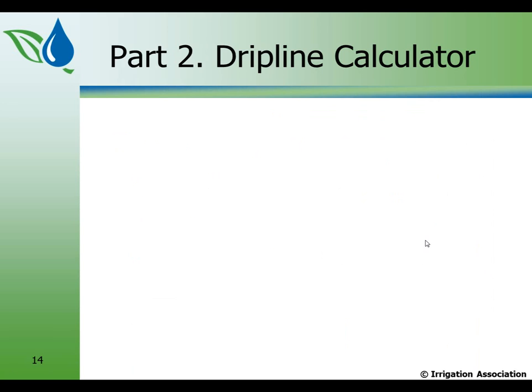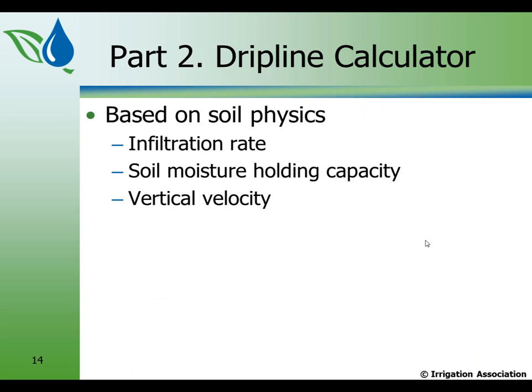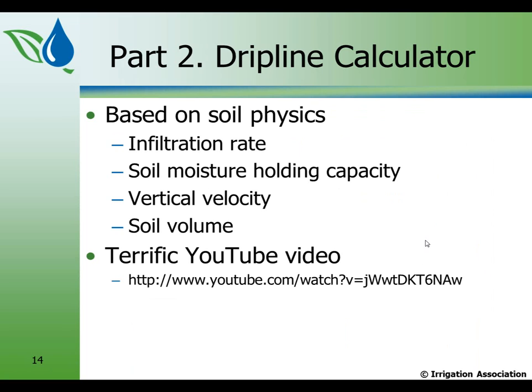Okay. Next, we're going to launch off on the Dripline calculator. The Dripline calculator, based on soil physics, takes into consideration the infiltration rate, the soil moisture holding capacity, the vertical velocity of the water moving through the soil, which can't be greater than the infiltration rate, and the soil volume that's wetted.